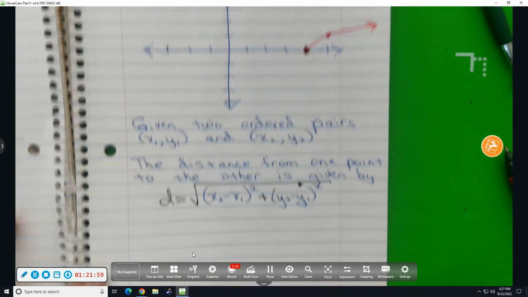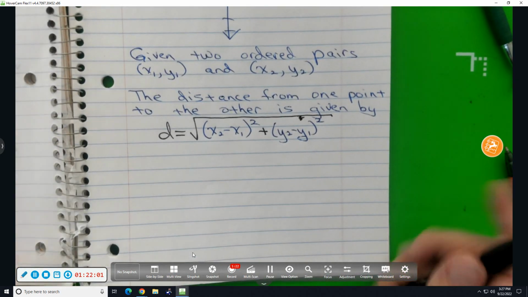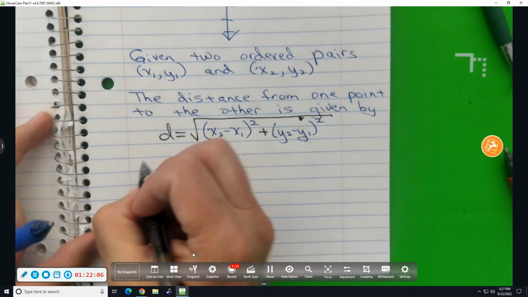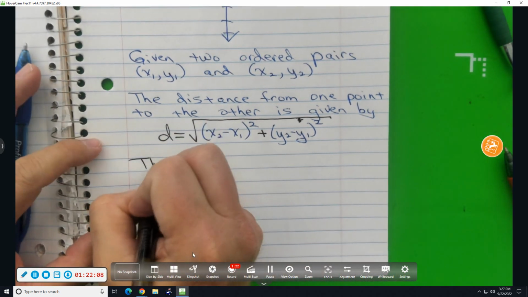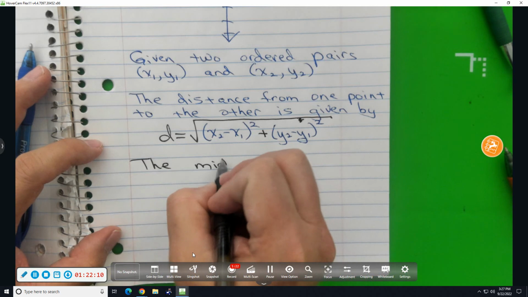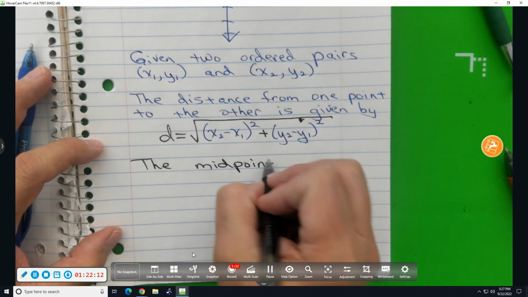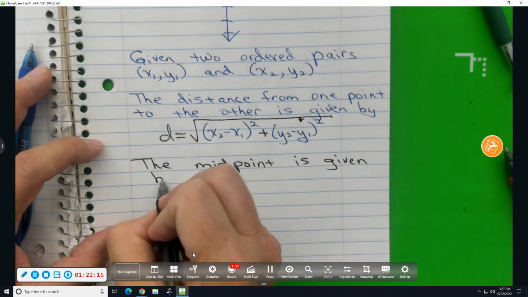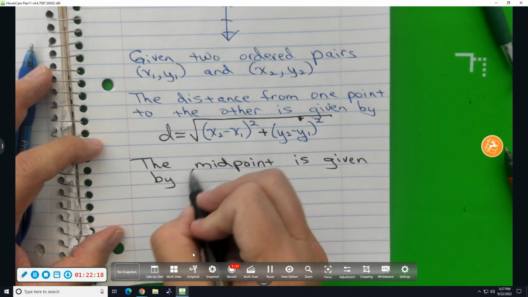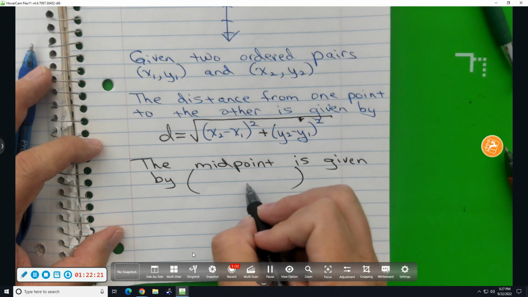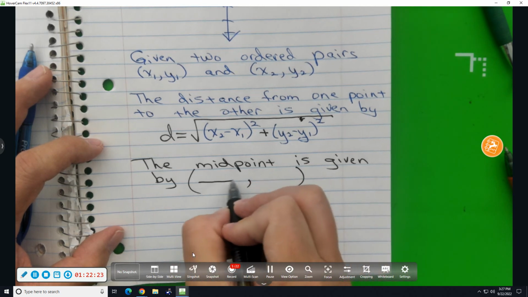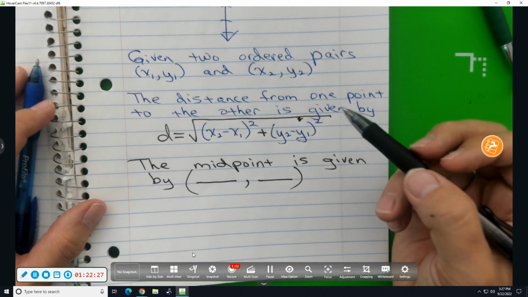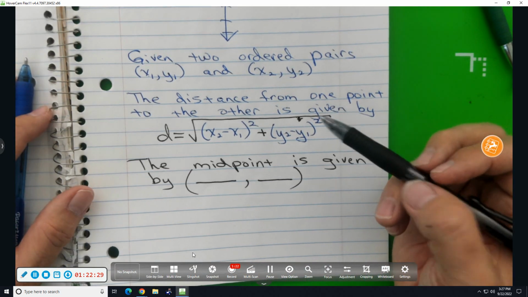Now, the midpoint of the segment connecting the 2 points is given by, it's an ordered pair. You average the x coordinates and average the y coordinates.